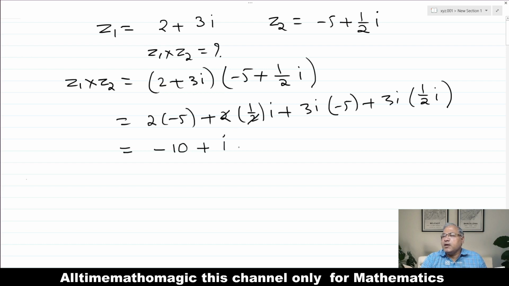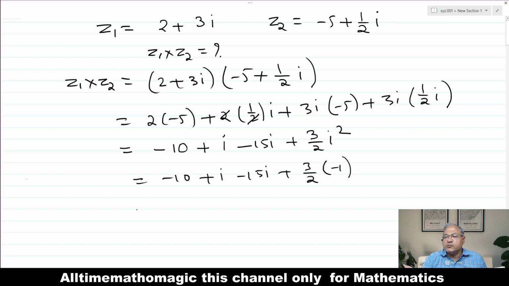So plus i and minus 15i, then plus 3 upon 2 i square. So minus 10 plus i minus 15i plus 3 by 2 i square, where i square equals minus 1. Now bringing all real parts together: minus 10, and 3 by 2 into minus 1, that is minus 3 by 2. Then I took i common: 1 minus 15.